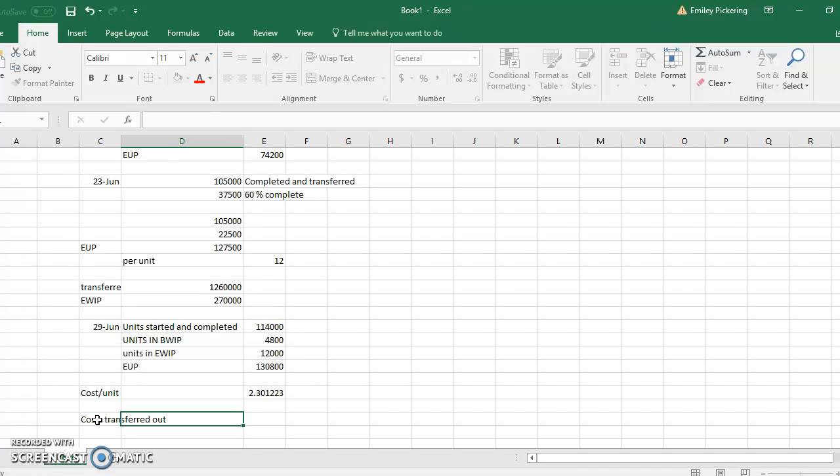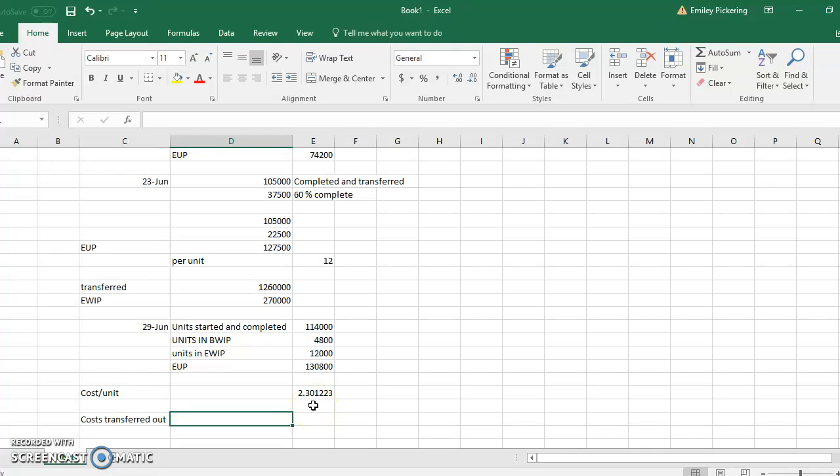So my cost transferred out: I want to figure out what my beginning work in process costs were, because those are going to follow me to the next process. And that was 24,000. And that was just work in process as of July 1st. And then the next part is the cost to finish beginning work in process.